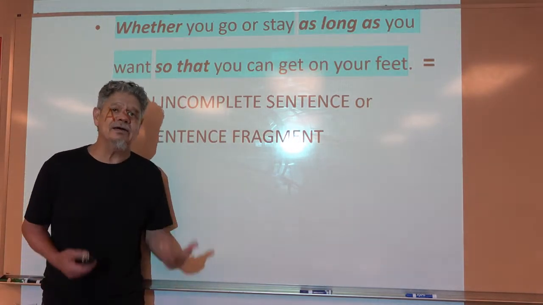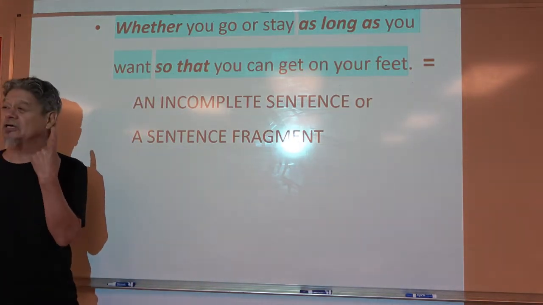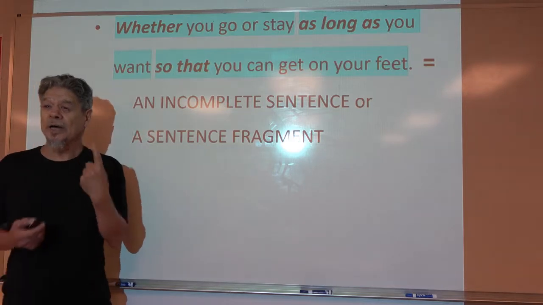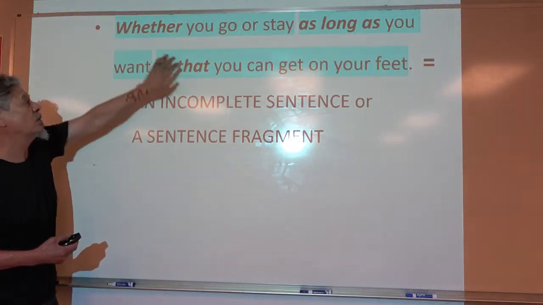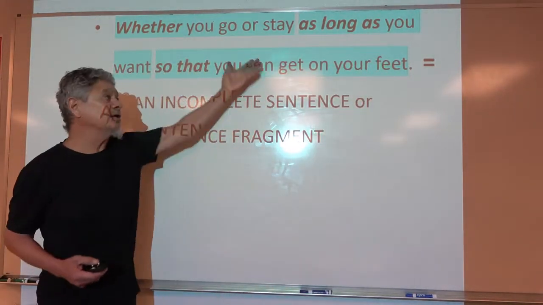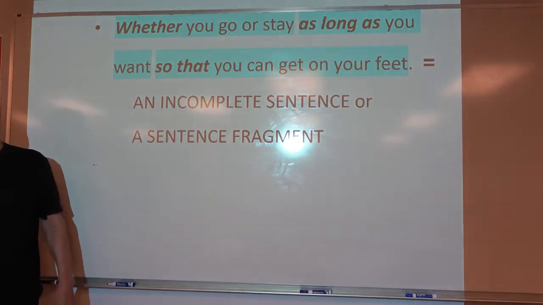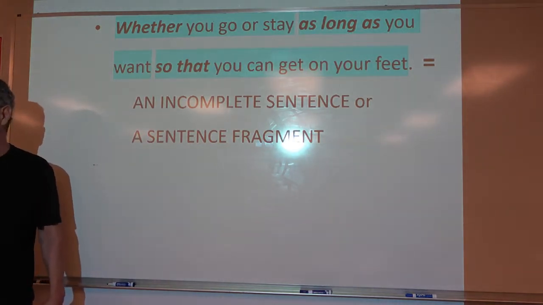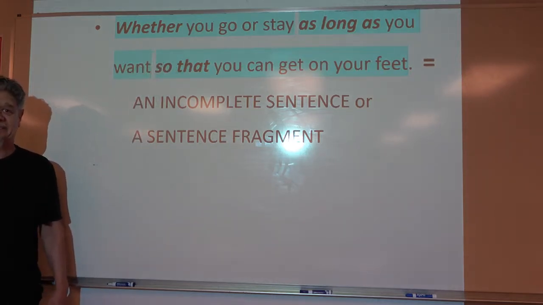Because every sentence must have at least one independent clause: one group of words that has a subject and a verb that doesn't have this or this or this. And here, there's no independent clause. It's an incomplete sentence. And in one paper in particular, I saw a lot of these sentence fragments.